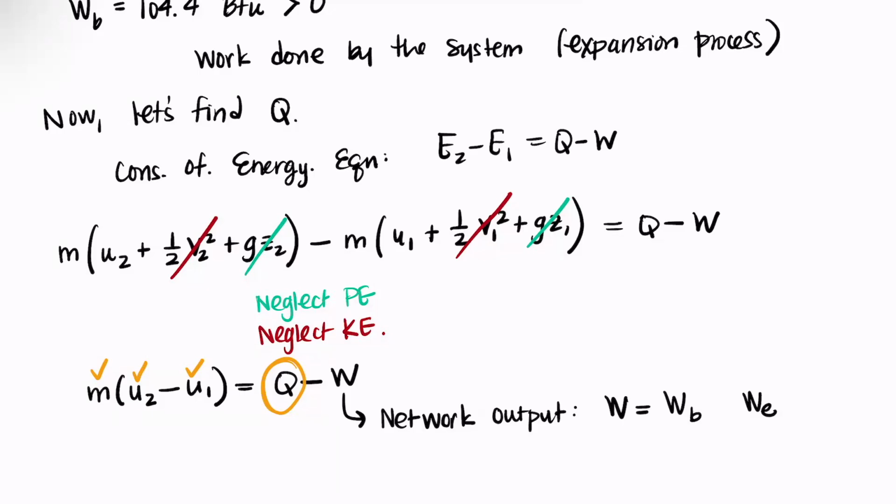Sign is wrong, right? Our electrical work is an input work, so we give it a minus sign. Our boundary work, we already figured out, is an output work, so we keep that positive. Does that make sense for the signs? So this is W out, and this is W in. Everybody feel good about that?